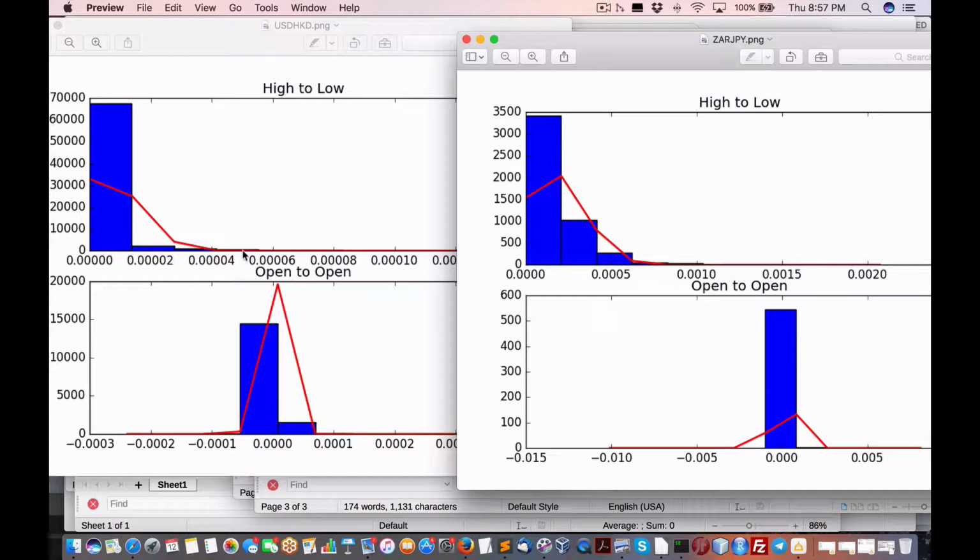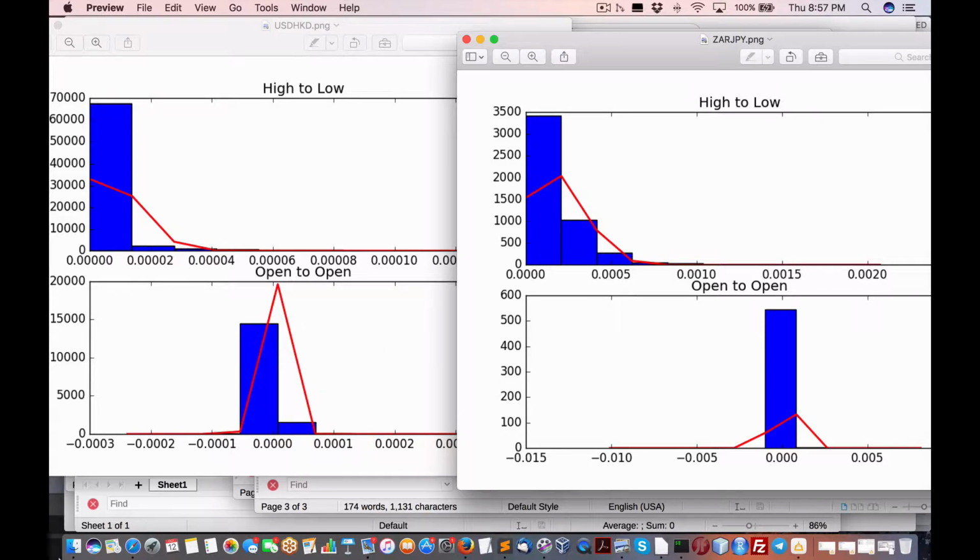So the tails, the right tails, are a little more extreme for the Rand, Japanese yen against the US and Hong Kong dollar. Look at open, it's peaking just a little ways off of the zero. Well, this is pretty close.